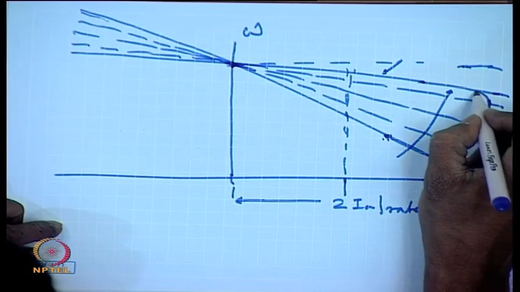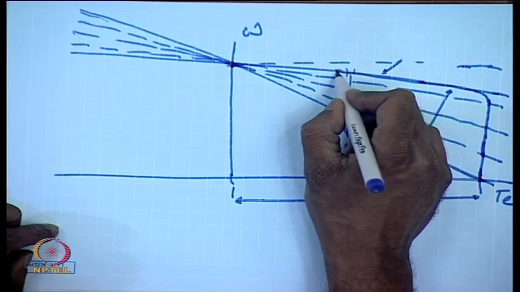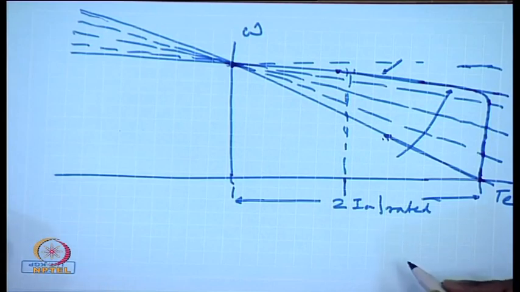Then I short the resistance, so that the motor comes to the normal operating point.